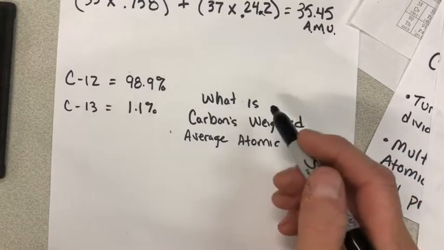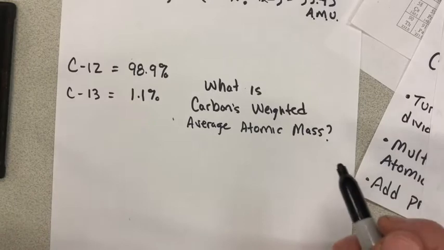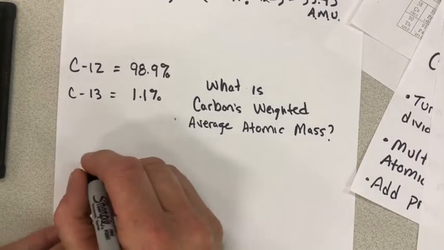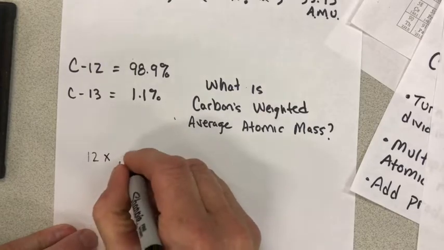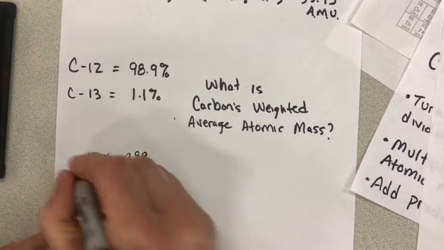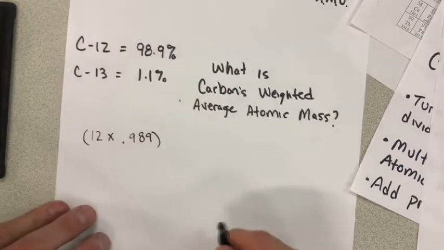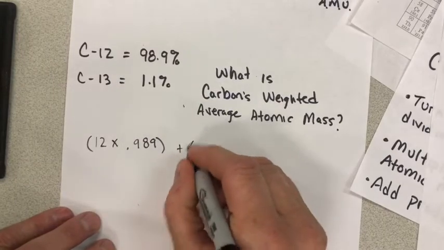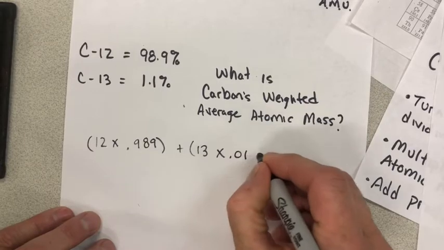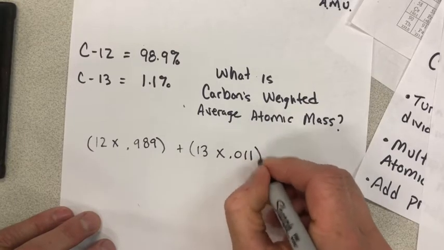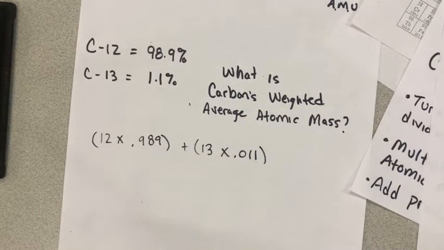So let's look at the average atomic mass. So here we're gonna say 12 times 0.989, and then we're gonna add that to 13 times 0.011. Okay, and I gotta get a calculator and I'll calculate that. So here's the math.